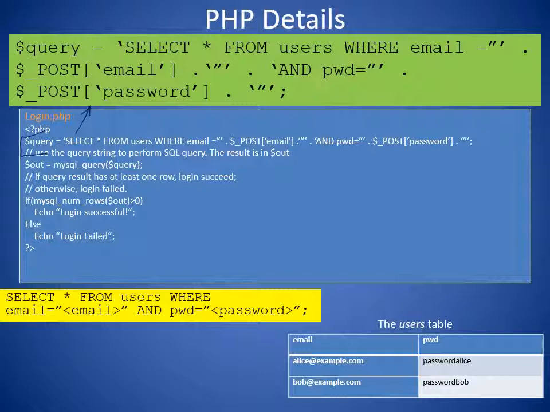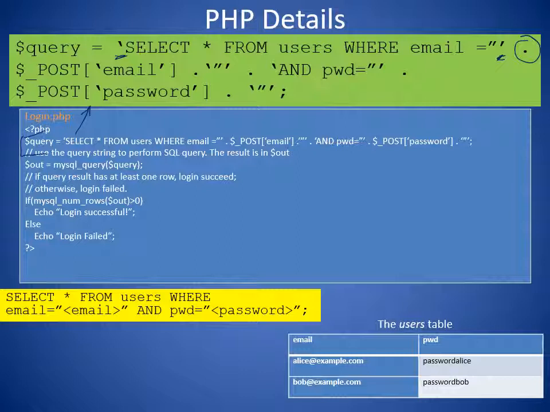We can see that the query string is generated by concatenating multiple substrings connected with the dot operator. Each substring is wrapped with a single quote, and inside the single quote is a part of the SQL statement.